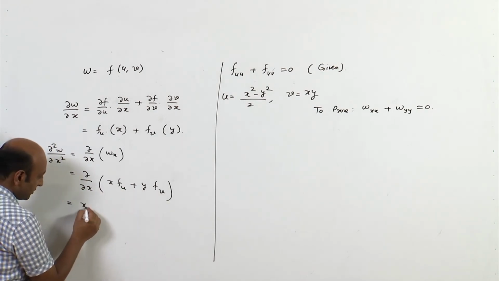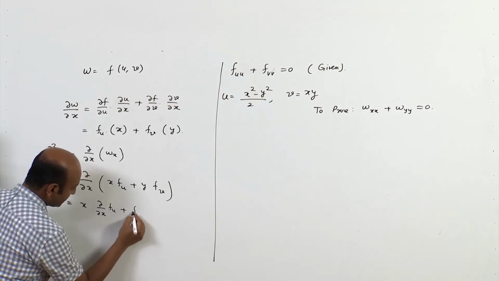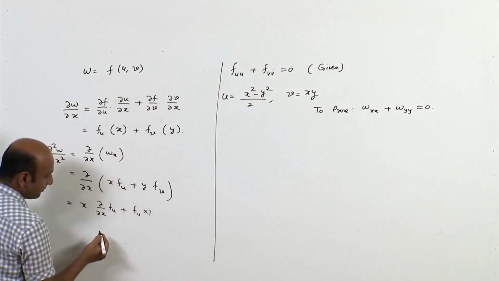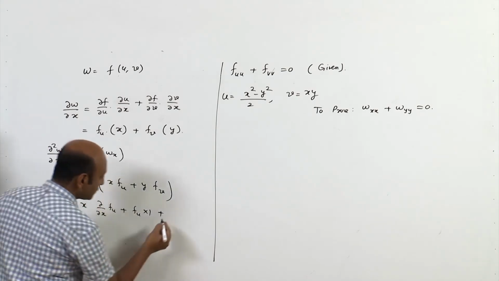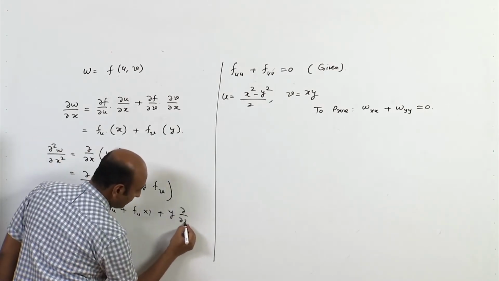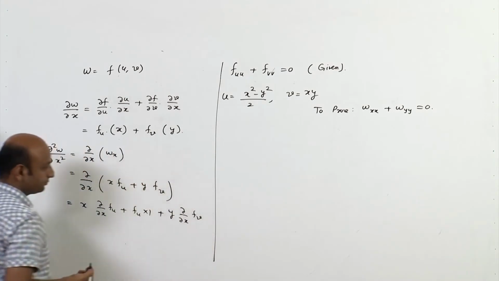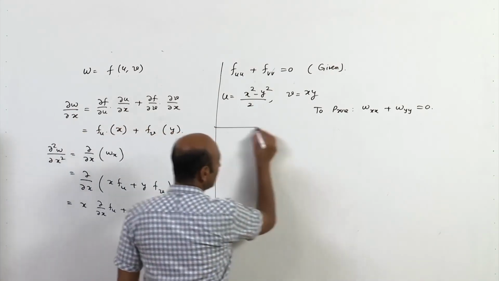First, as it is, derivative of this with respect to x, plus second as it is, derivative of this, plus y is independent of x. So y is common, y comes outside, and it is del by del x of f v.